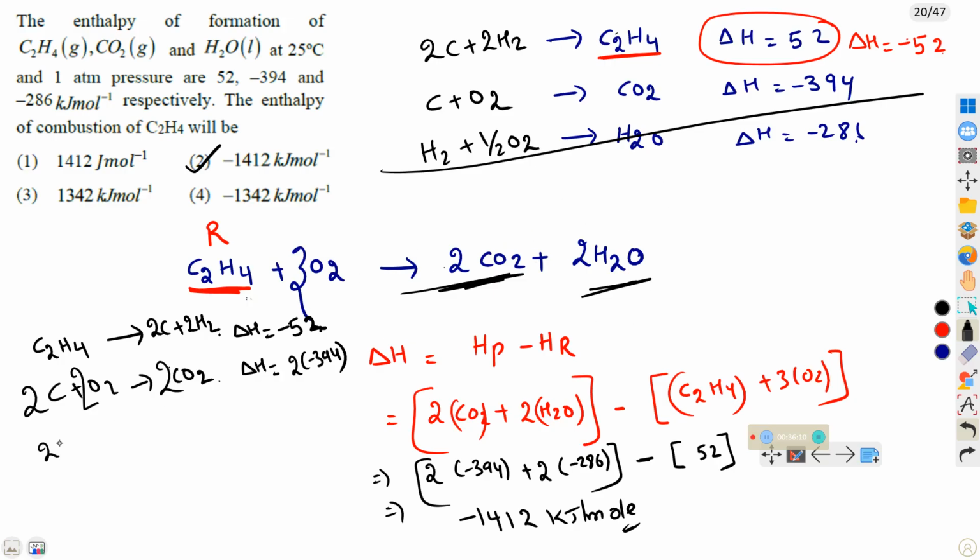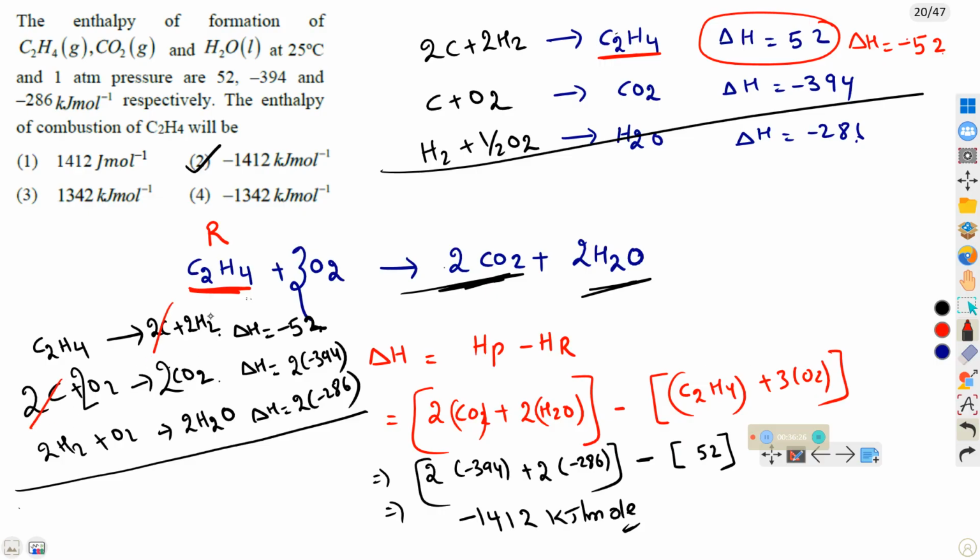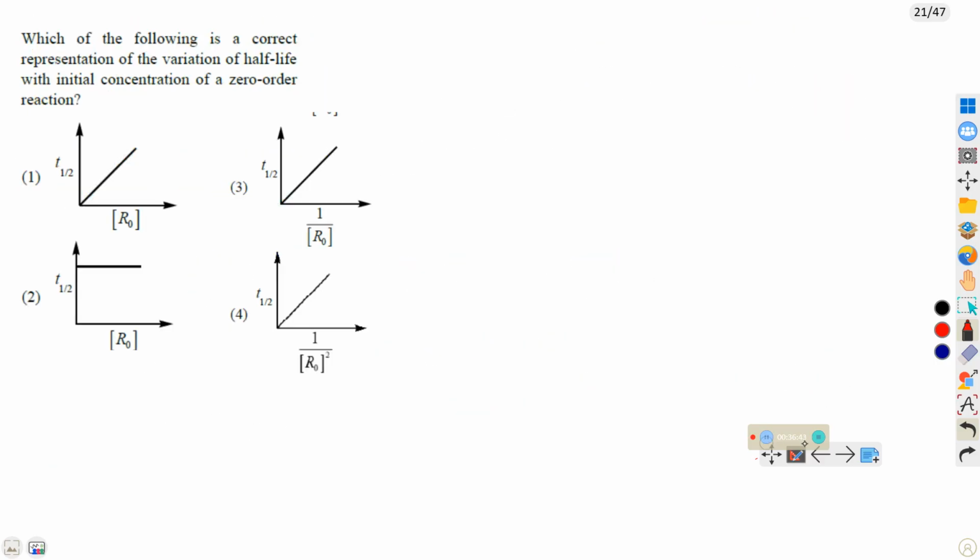Multiply with 2: 2 moles of H2 plus O2 gives rise to 2 moles of H2O. Delta H is equal to 2 into minus 286. Add all these three equations. 2C, 2C get cancelled. 2 moles of H2, 2 moles of H2 get cancelled. Then C2H4 plus 3 moles of O2 gives rise to 2CO2 plus 2H2O. Add all these values, then you will get minus 1412.